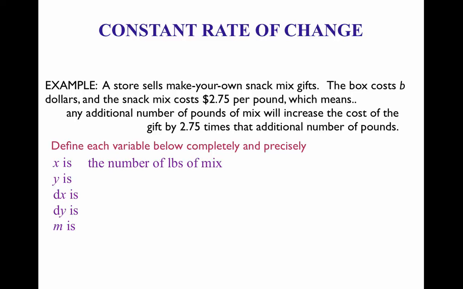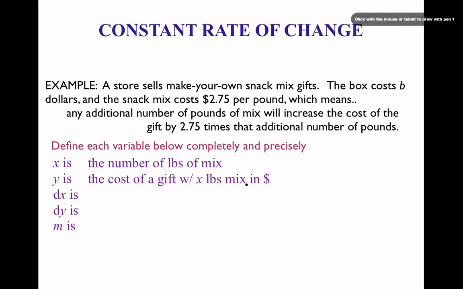Okay, it's the cost or the price of a gift with X pounds in it, in dollars. So it's the cost in dollars. The cost of the gift that has X pounds in it, and that cost is in dollars.